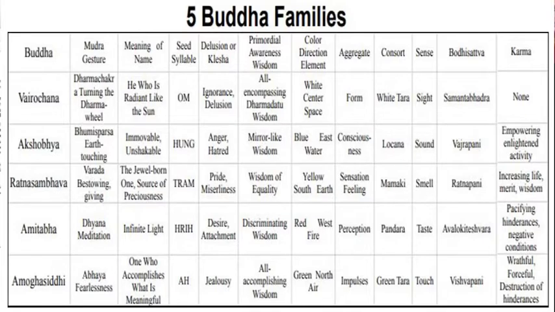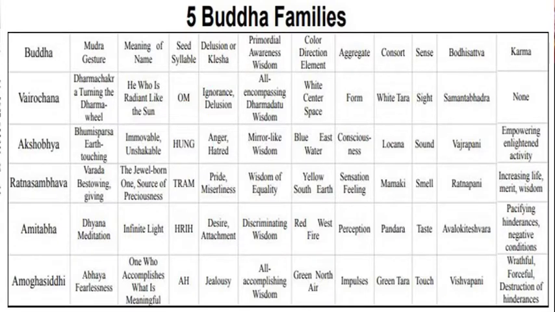And so each one represents a klesha. Over here, we have the delusion or the klesha. With Vairocana, it's ignorance, delusion. Akshobhya is anger and hatred.